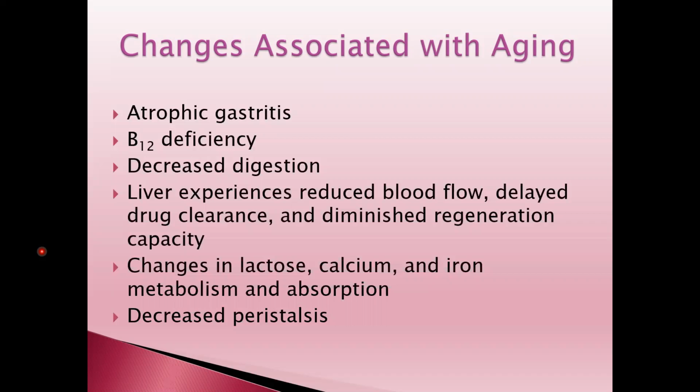That all happens because your liver reaches maturity at about 21 years of age, and then subsequently, regeneration of everything slows down as the person ages. There are changes in lactose, calcium, and iron metabolism and absorption. And there's also a decrease in peristalsis.